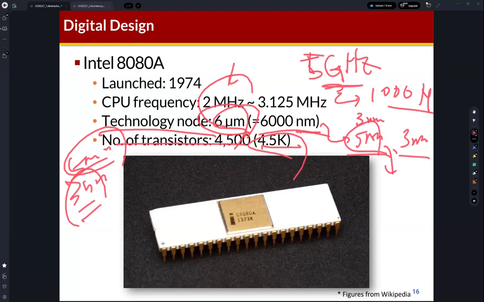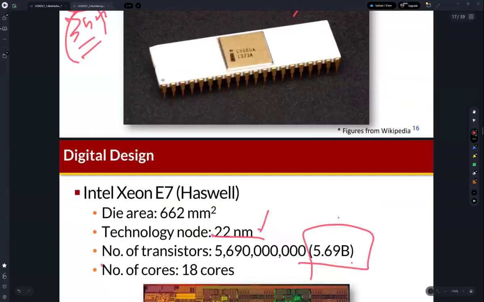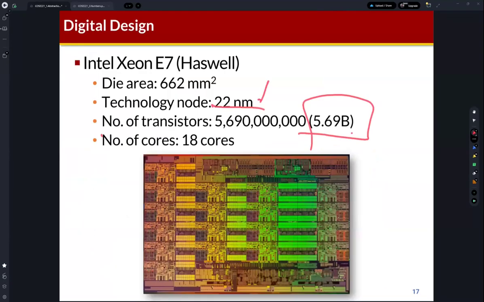And the number of transistors is 4,500. Okay, and then you can compare it to some modern chips. It's not modern, because this is the Haswell architecture. Recently we can use Alder Lake or some other lake Intel architecture.